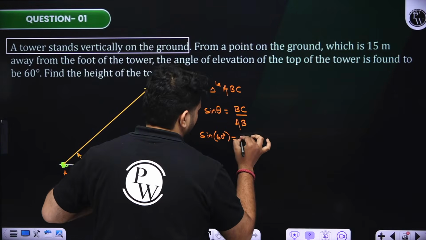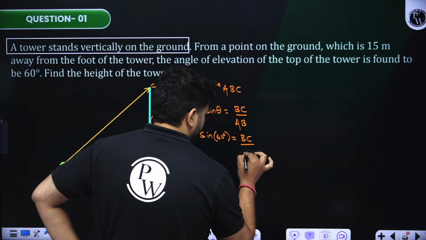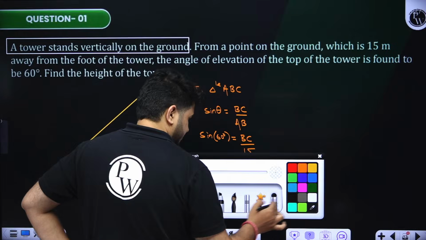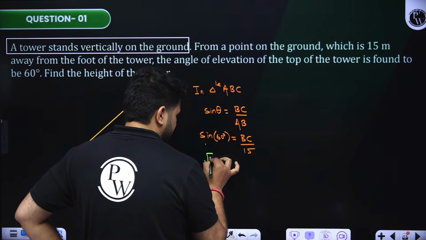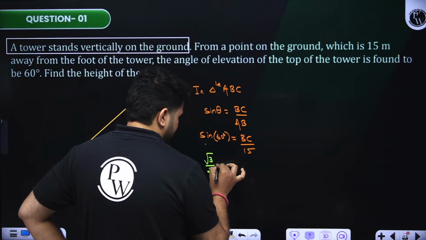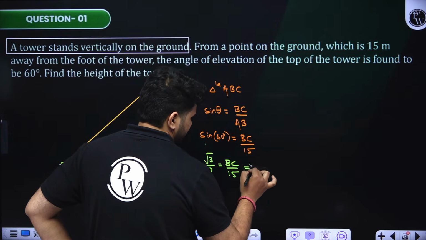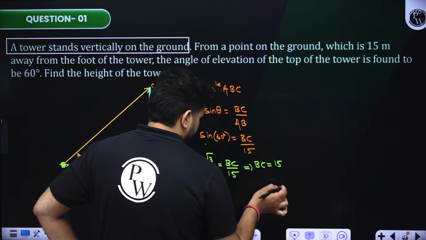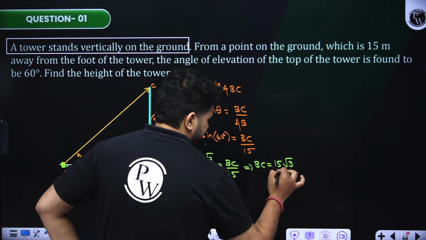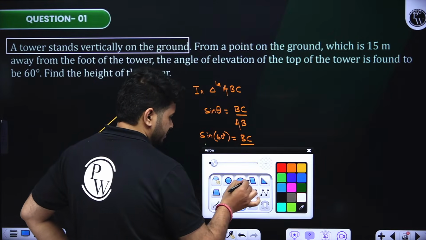BC we don't know, we need to find. AB value is 15. So sin 60 degrees, root 3 by 2, is equal to BC by 15. So the height of the tower BC is 15 root 3 by 2 centimeters. Clear everyone?